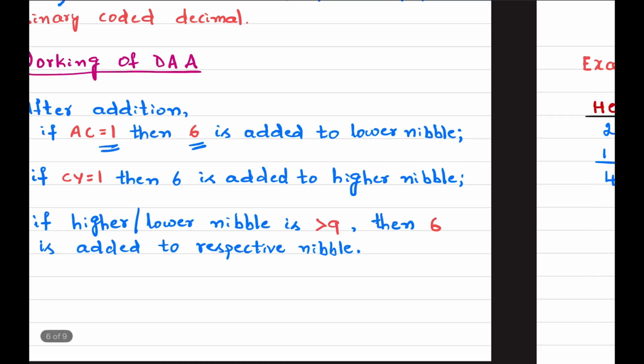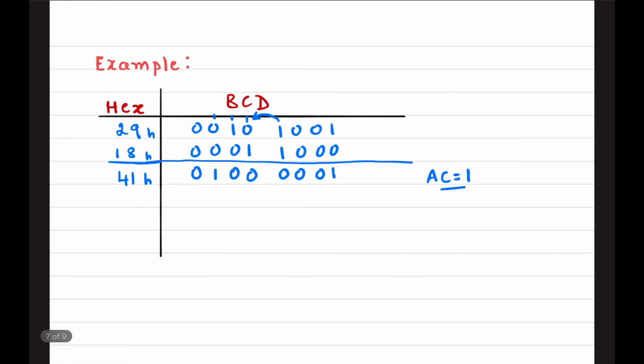In this case the auxiliary carry flag is equal to 1, so we have to add 6 to the lower nibble. In the higher nibble, carry has not been generated, therefore we are not touching the higher nibble. So 6 has to be added so that we can get the result in BCD format.